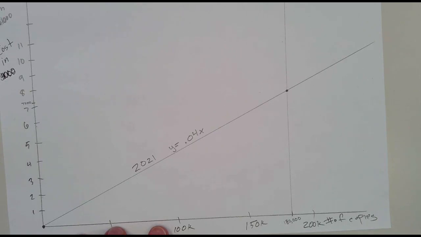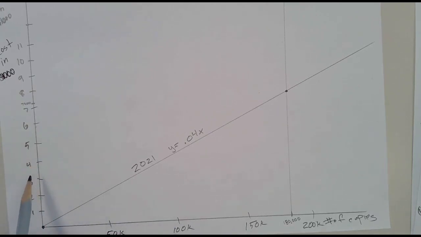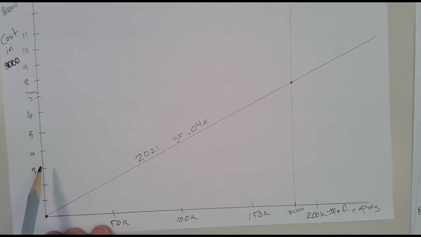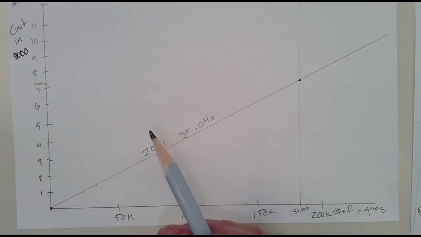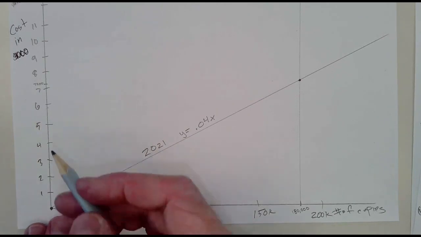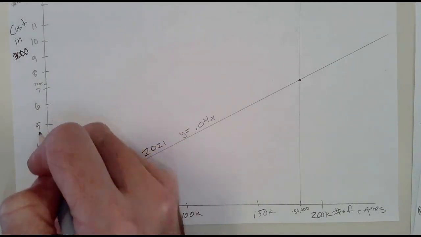Now, let's also graph 2022. 2022 is a little different. If you remember, the cost of the copy machines was $4,800. So that means the cost to make 0 copies in 2022, assuming we bought the copy machines, was just to start $4,800.